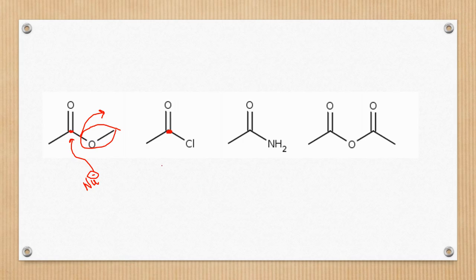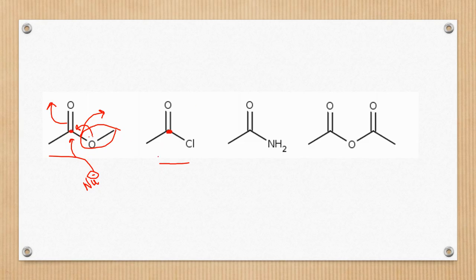One by one we will see. First, in the case of acid anhydride, this oxygen is in resonance with this carbonyl carbon, right? So it is in resonance with this carbonyl group. Because of the resonance, the electrophilicity at this carbon is reduced.